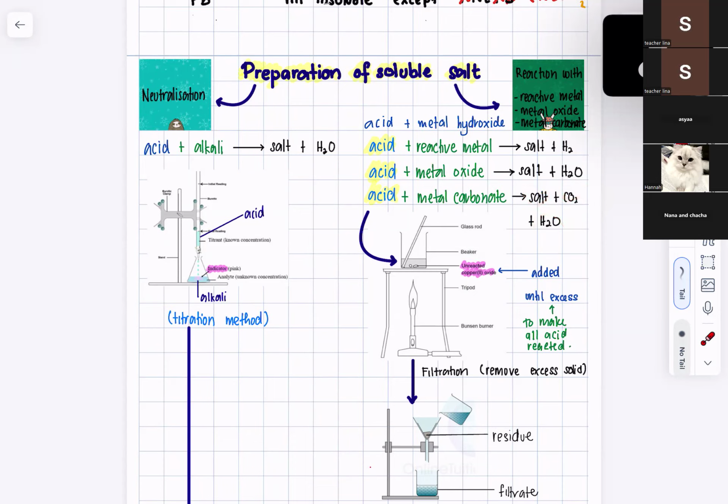So, for the preparation of the soluble salts, we use what we call the titration method. For acid plus alkali, you get the salt plus water, using the titration method. The name of the process is neutralization.